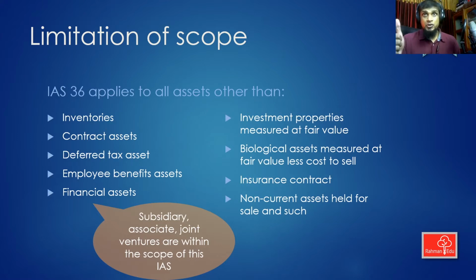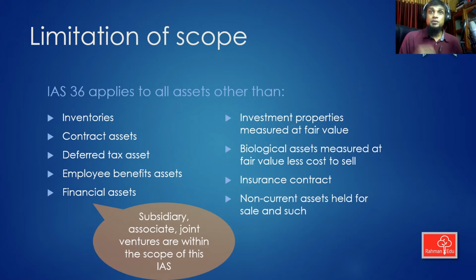So investment in associate is good under the scope. Investment in subsidiary under the scope of this IAS, and investment in joint venture is under the scope of this IAS. Investment in normal type of share like 5%, 2% excluded. Investment of bond excluded from the scope of this IAS.